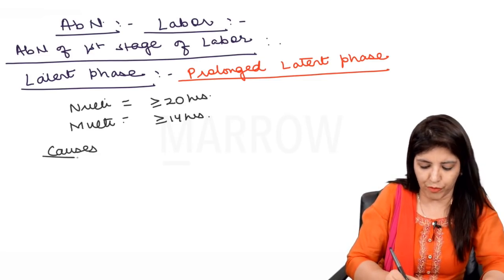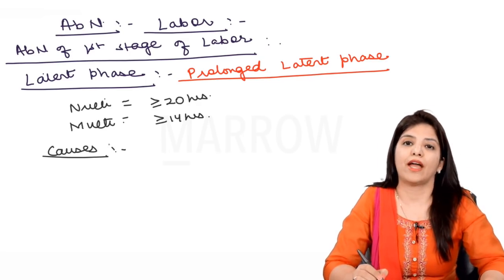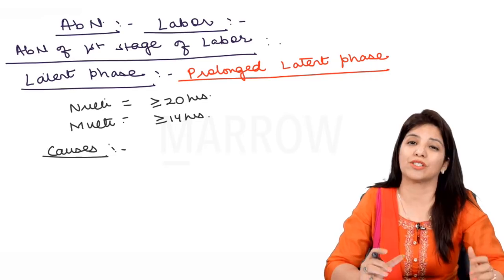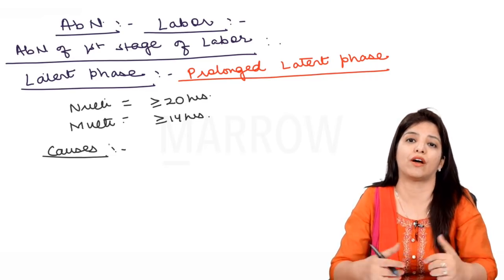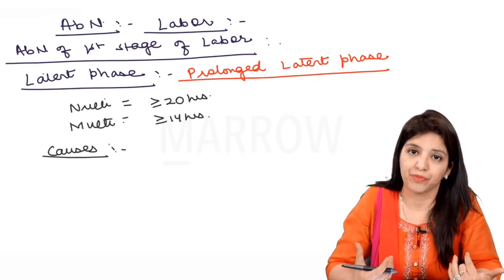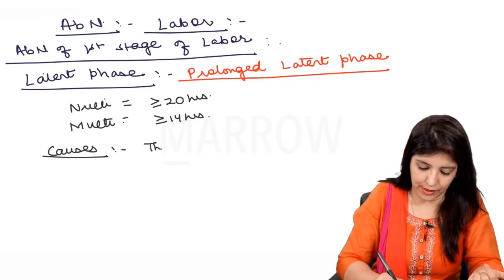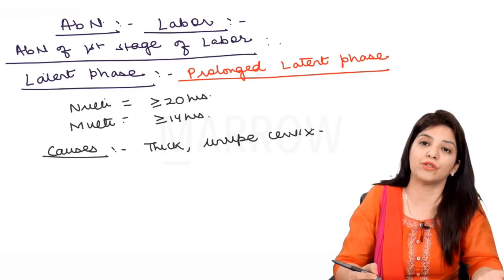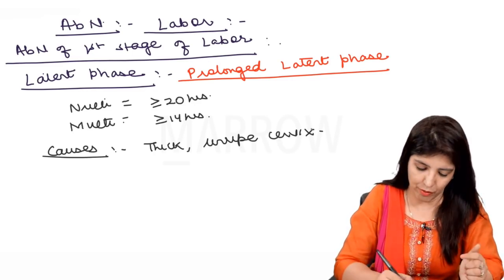See, the causes of prolonged latent phase could be that the cervix was not ripe. The cervix was very thick, it was an uneffaced cervix and you induced labor. So, a thick, unripe cervix can be one reason for prolonged latent phase, number one.